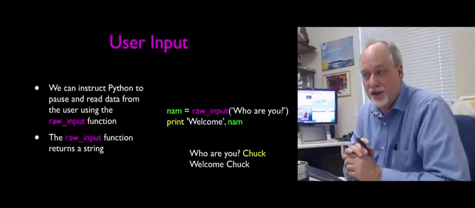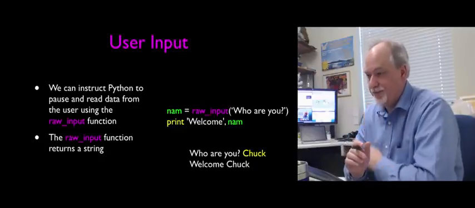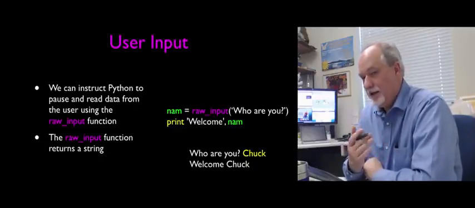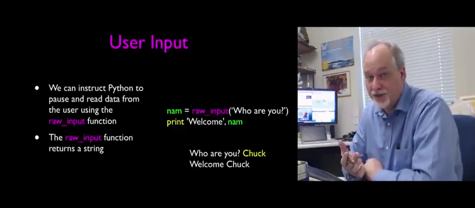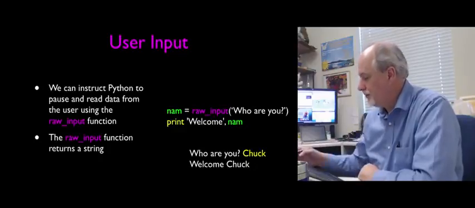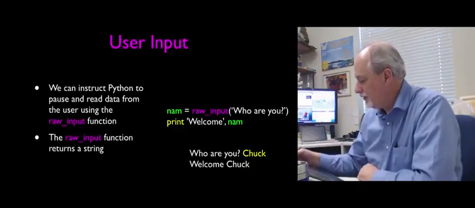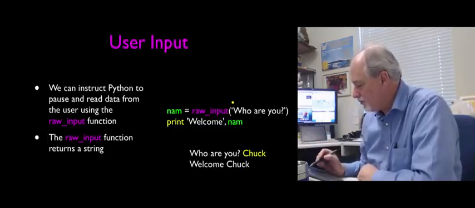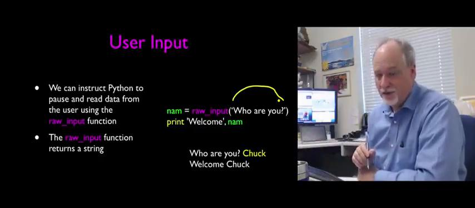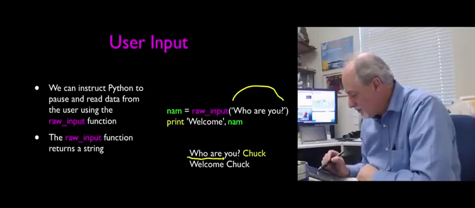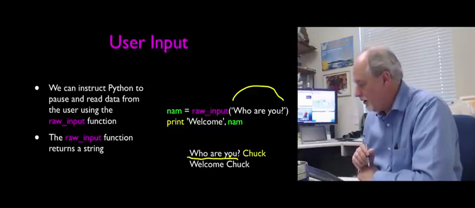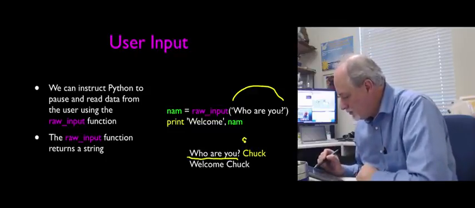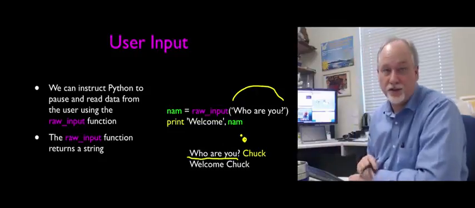Now we'll talk a little bit about user input. There's a function built into Python called raw input. When raw input runs, it has as one of its parameters a prompt, which is something that shows up on the screen: "Who are you?" And then it sits and waits.